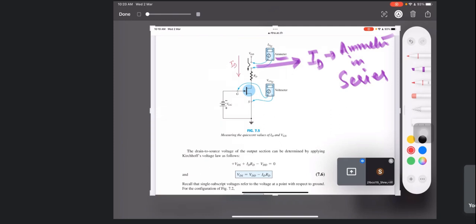If I take this loop, this is VDD, the battery is like this.